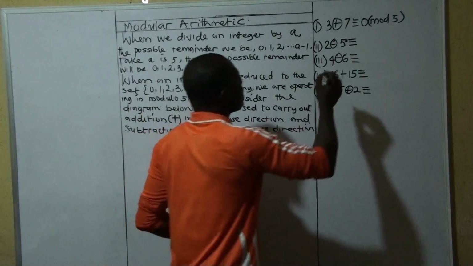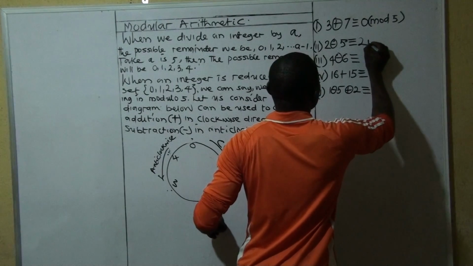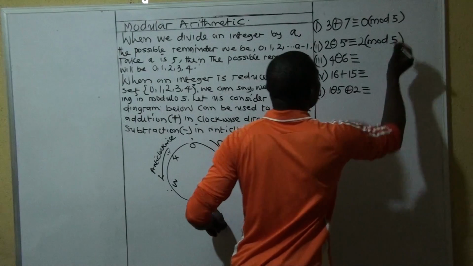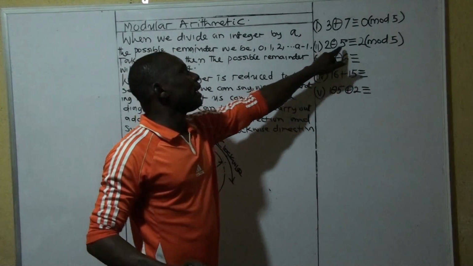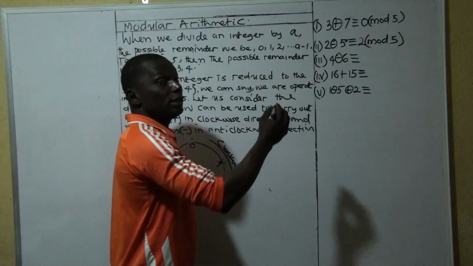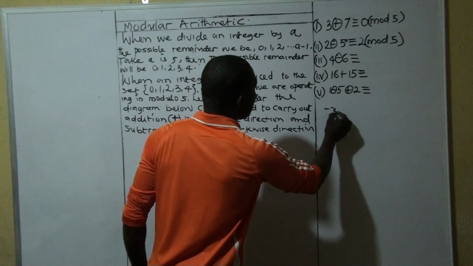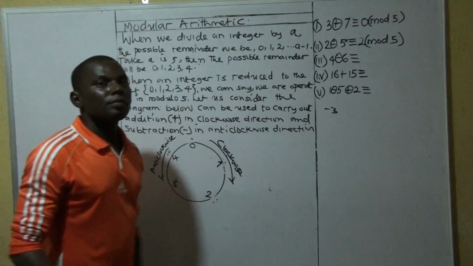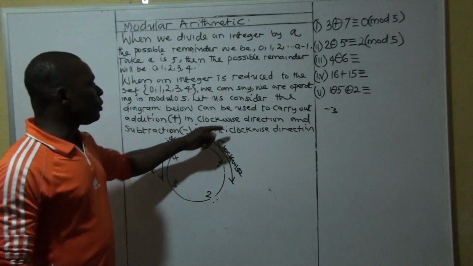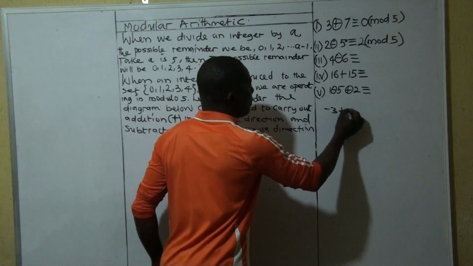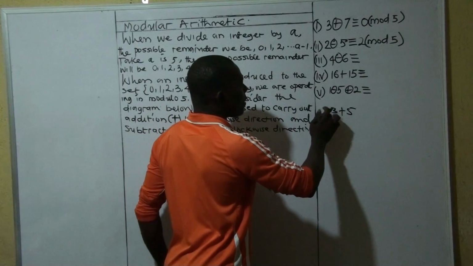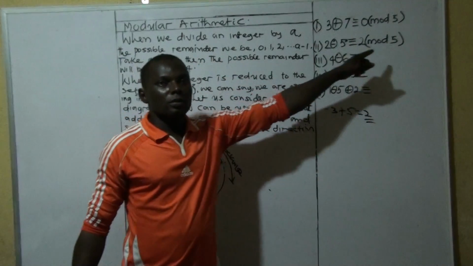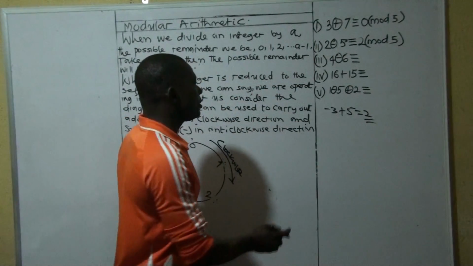So our answer will still be 2 modulo 5. Normally, if you say 2 minus 5, you get minus 3. Because we're operating in modulo 5, we now add 5. So minus 3 plus 5 will definitely also give us 2. Simple as that.